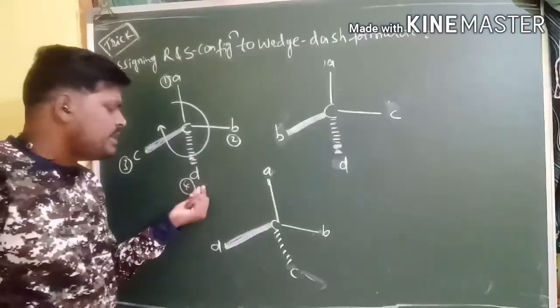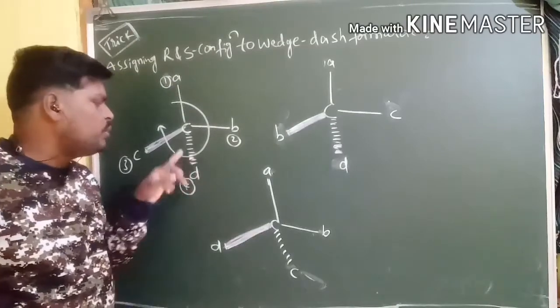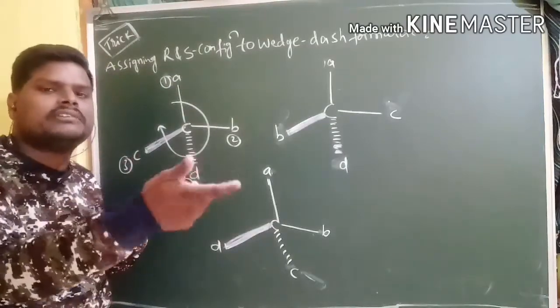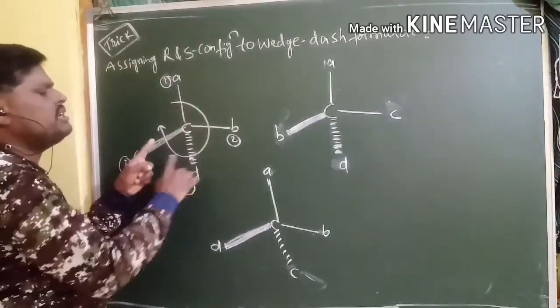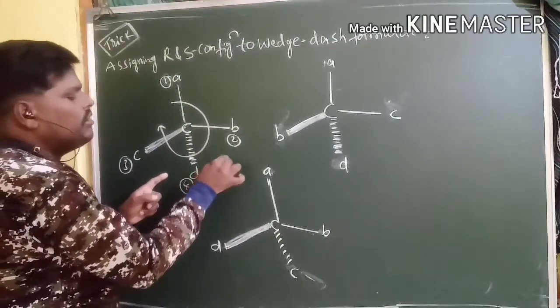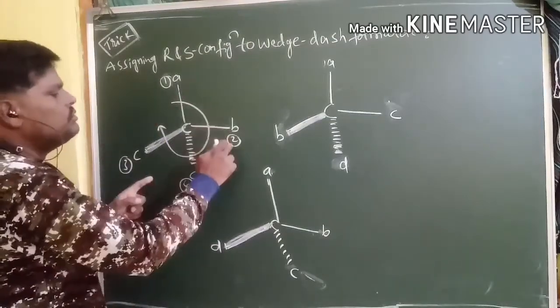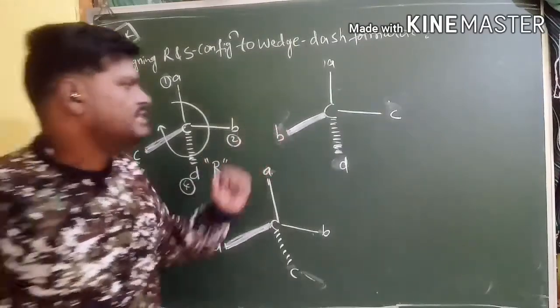What is our least priority? D is our least priority. So it is present on the broken wedge. That's why you can use R and S configuration directly according to the priority rule. Is it clockwise or anti-clockwise? Clockwise direction. That's why you can use R configuration here, because 1 to 2 and 2 to 3 is clockwise. R configuration.